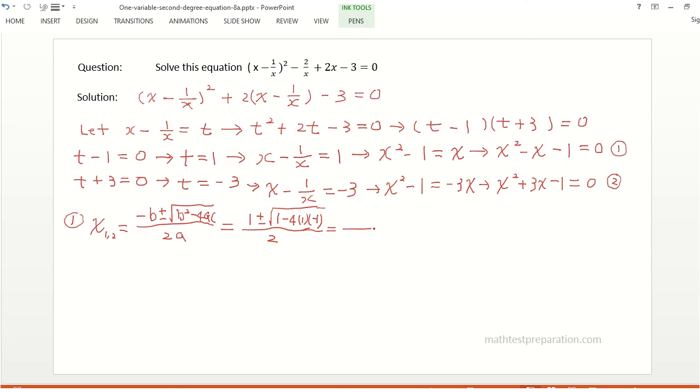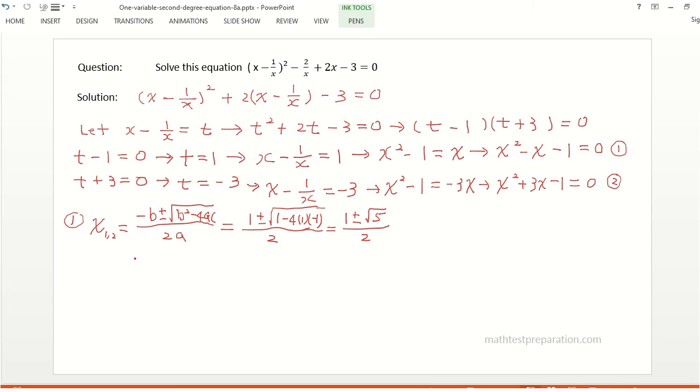So the denominator is 2. Numerator: 1 plus or minus square root. Negative 4 times negative 1 is positive 4. Positive 4 plus 1 is positive 5.